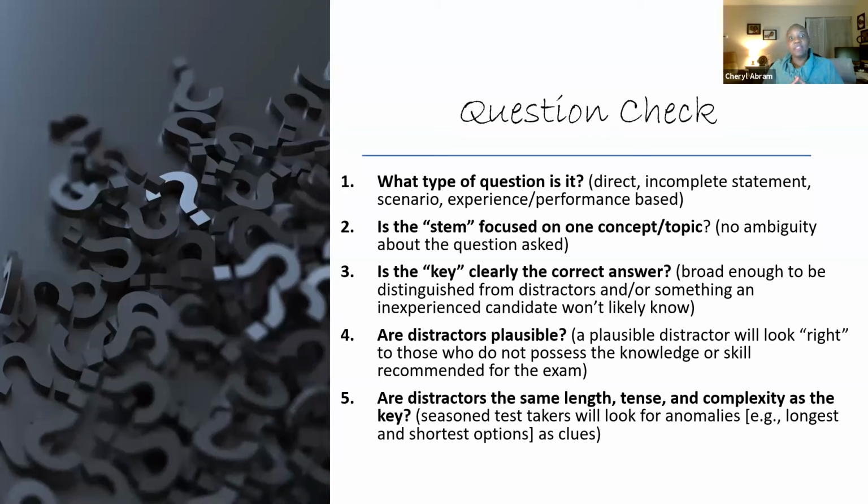Count on the fact that distractors are very difficult to write, okay? And the correct answer is normally the first one the exam writer writes. And then they think, okay, how can I distract from this, okay? For individuals who don't have the skill or the knowledge or the experience, okay? What would they pick, okay?